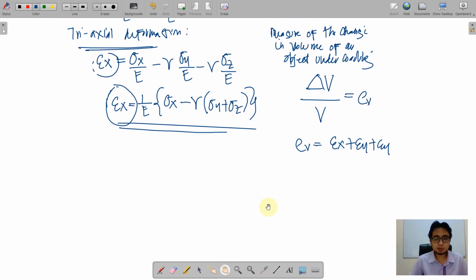So a variable to relate with the resistance to a certain volumetric strain is what we call K, or the bulk modulus of elasticity.